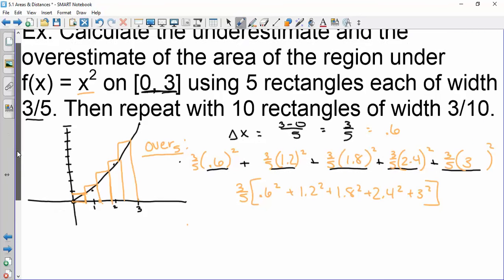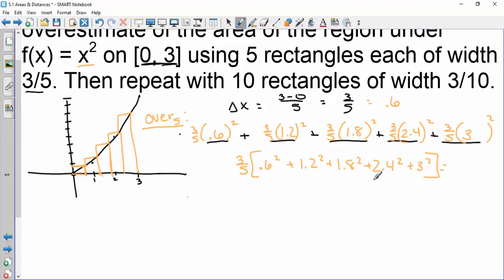Okay. So now, for homework, we have calculators. Let's plug this in our calculator. I got 11.88.